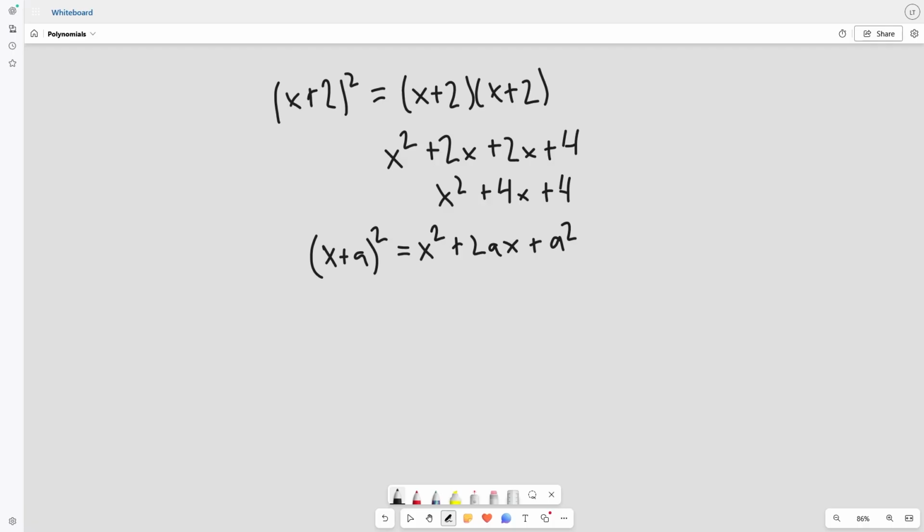This means we have the x squared, and then the 2a would be 2 times 2. So that gives us a 4 here. And then the a squared is simply 2 squared added on at the end. So if you see something like this here, then it will take this format. So you can apply this to any binomial that is squared.